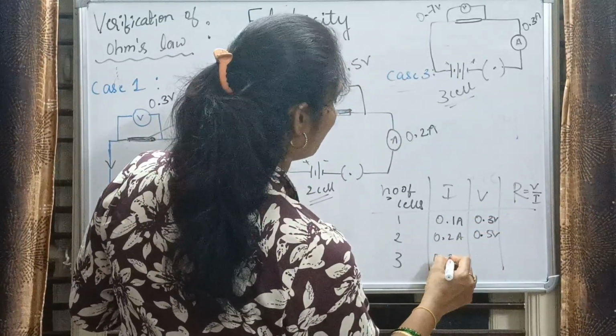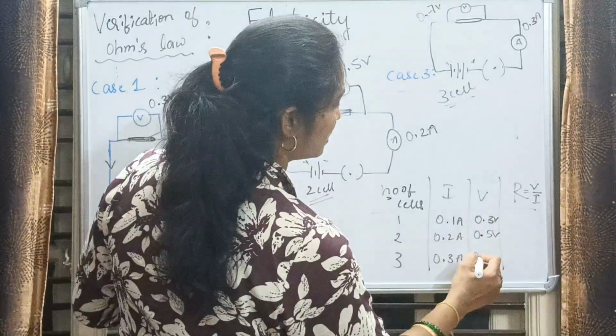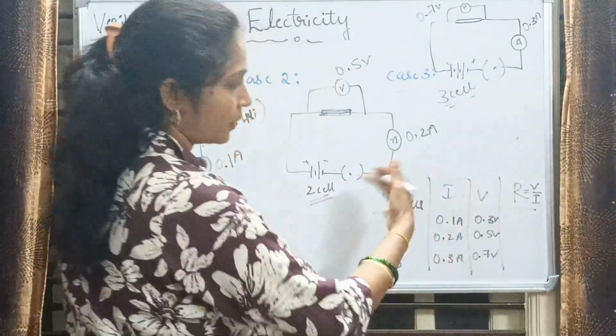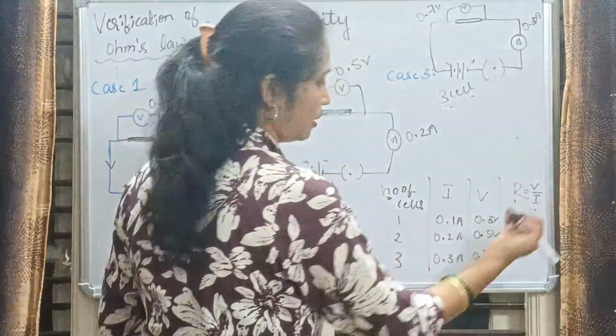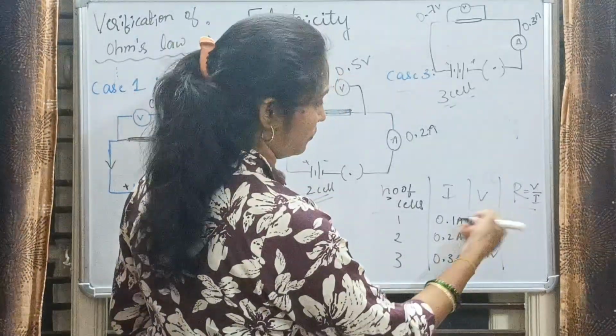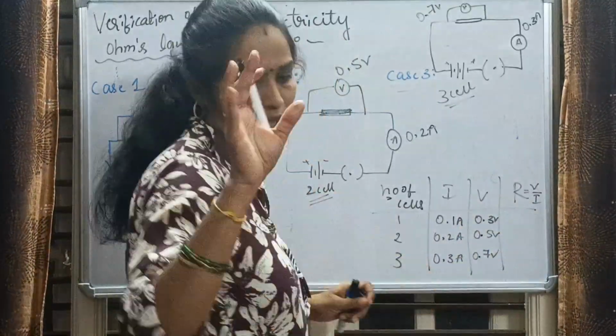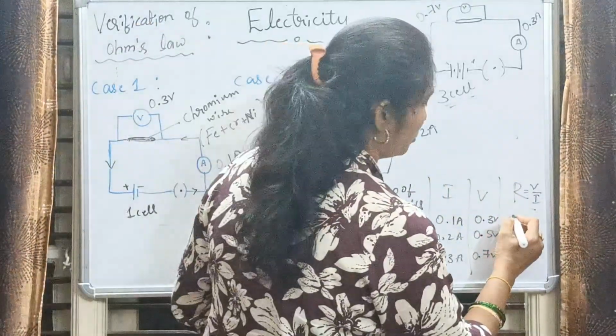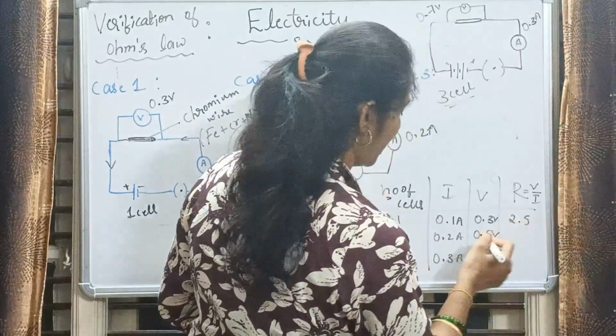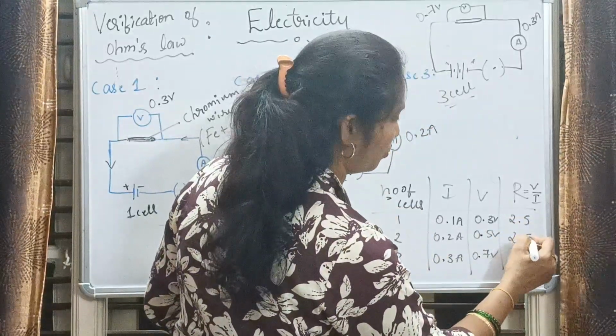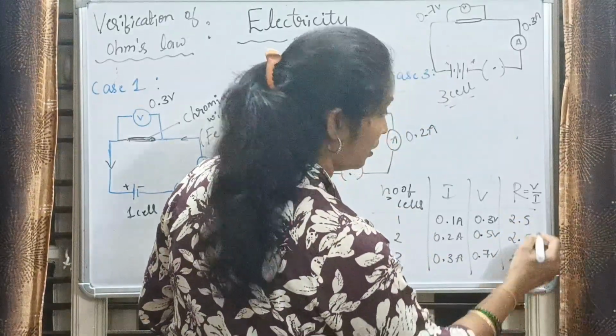And here I will take 0.3, now it is 0.7 volt. 0.3 divided by 0.1, that is V by I, is almost around 2.5. Here also around 2.5, here also it is 2.5.